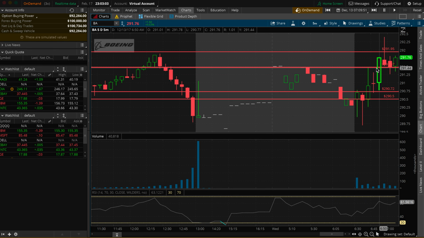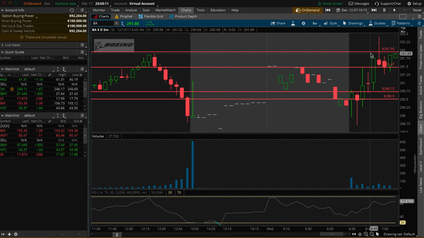So it looks like this that was resistance and now is support is holding, and it's going to try to test this resistance up here again. So it's poking its head out again. Let's see if it can push through. So it's finding weakness again.